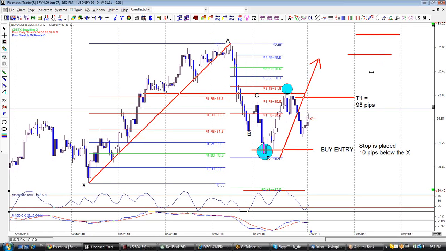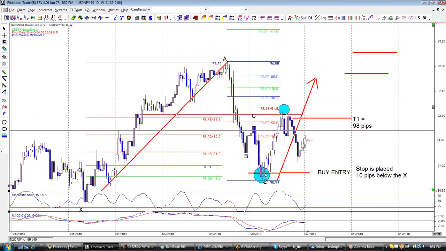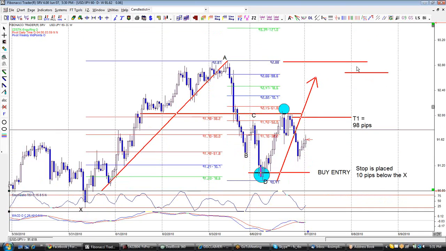Now see how we eliminate the emotions. If we trade only one position, and let's say the market rallies all the way here to support, but you know that price might go all the way up here. Price might go all the way up.